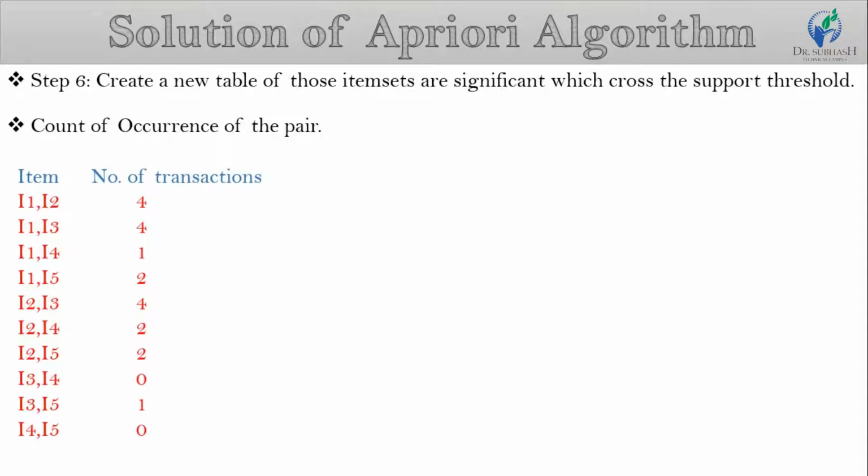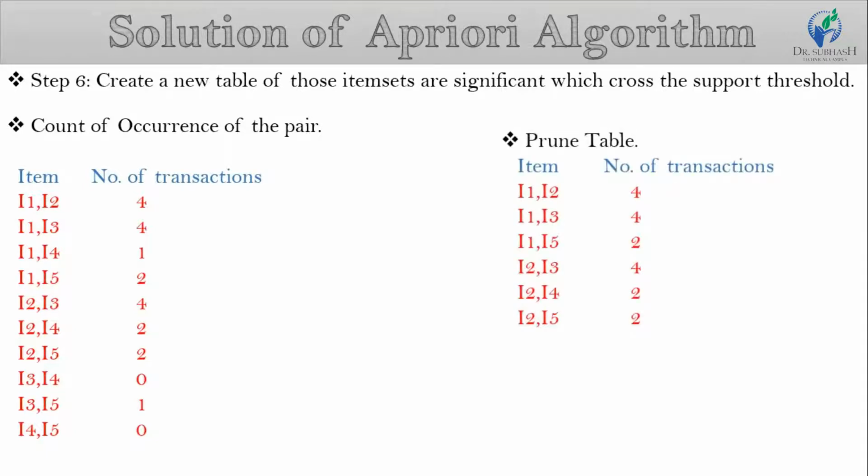And we are left with pairs: I1, I2, count is 4. I1, I3, count is 4. I1, I5, count is 2. I2, I3, count is 4. I2, I4, count is 2. I2, I5, count is 2. This means in this step, we have removed those items whose support is less than 2. So we include only those items whose count is equal to or greater than 2.